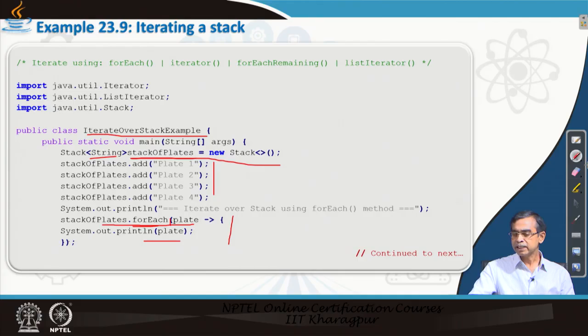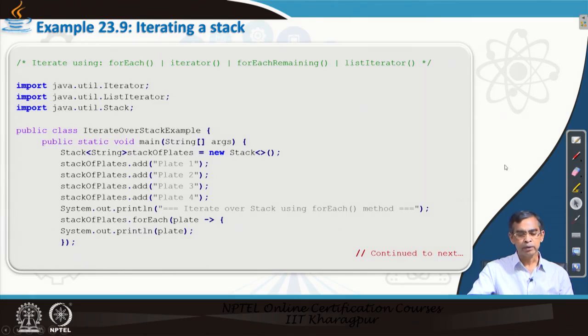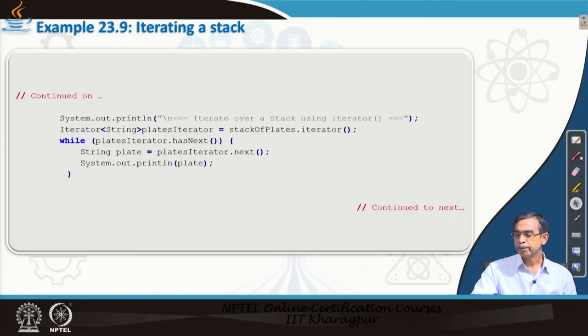Now, other than the lambda expression, there is the usual iterator operator that we are already familiar with, which can also be used here. You use the iterator for this stack object, stack of plates, and this is basically an iterator object of type String, which means it iterates over the string objects. For this, hasNext and next are used. hasNext checks whether an element is still there or not.